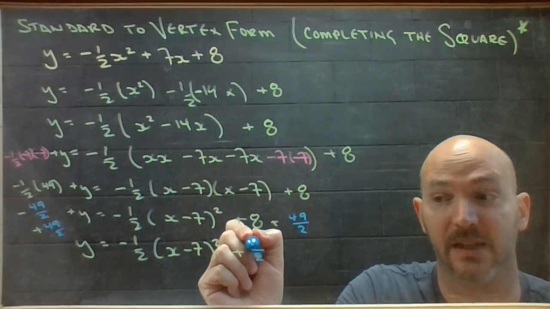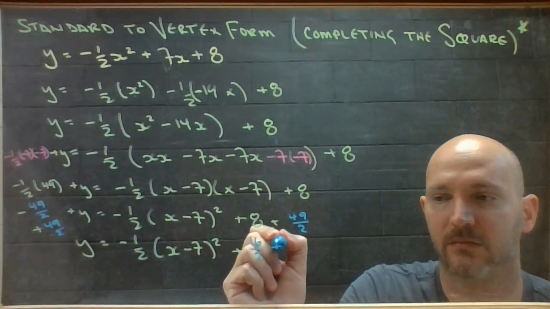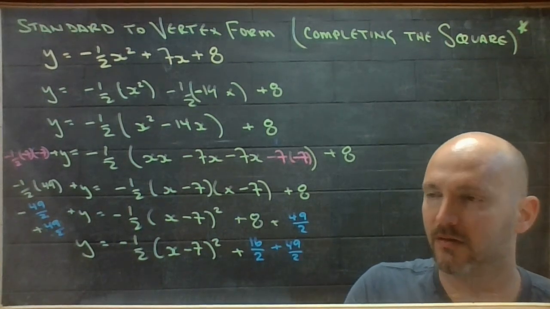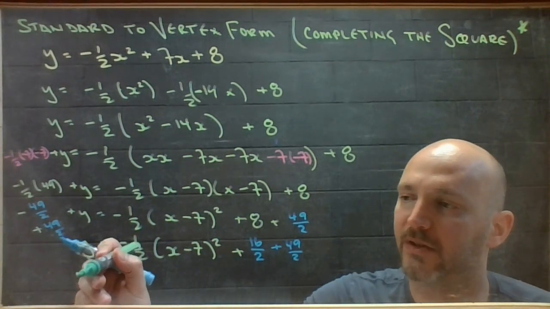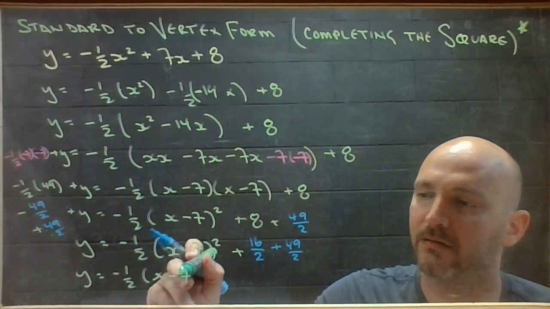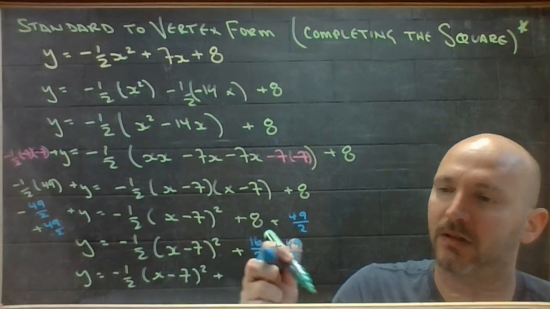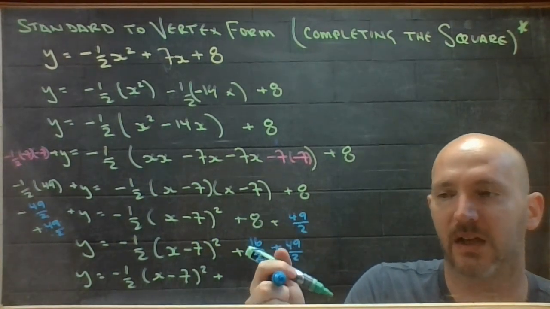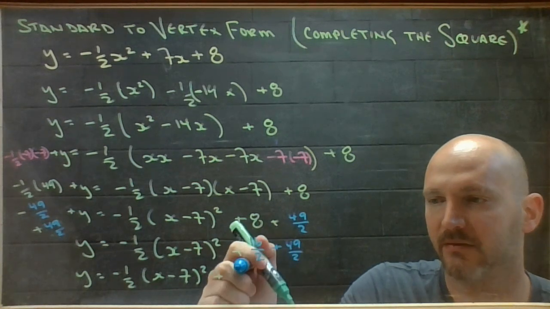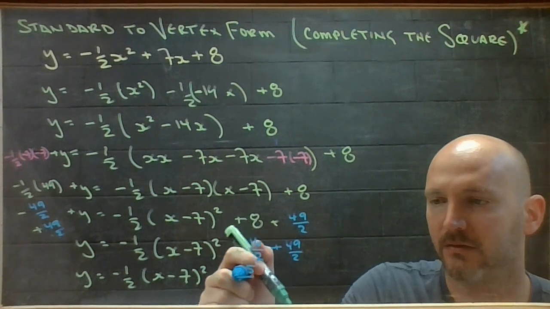Well, that would be 16. So my finish here then, 16 and 49 divided by 2, that would be 65 halves.